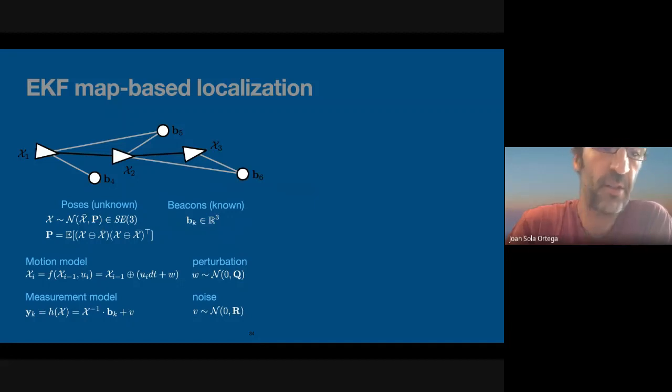Because we're going from global to local, we have to invert x and apply this action, and then we have a noise v. So that's the measurement model. We will have measurements of the positions of the beacons in the robot coordinate frame, with a noise v. And this noise v is a white noise with covariance R.